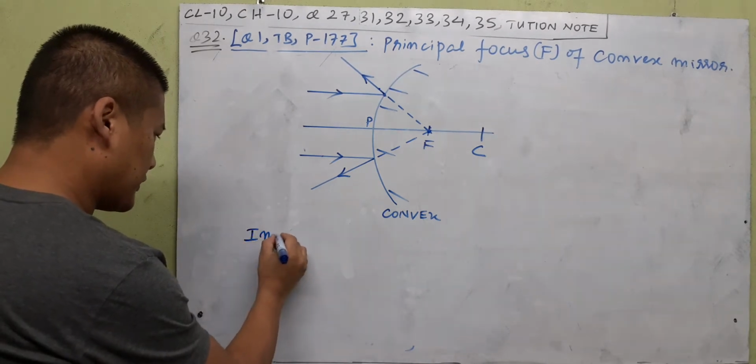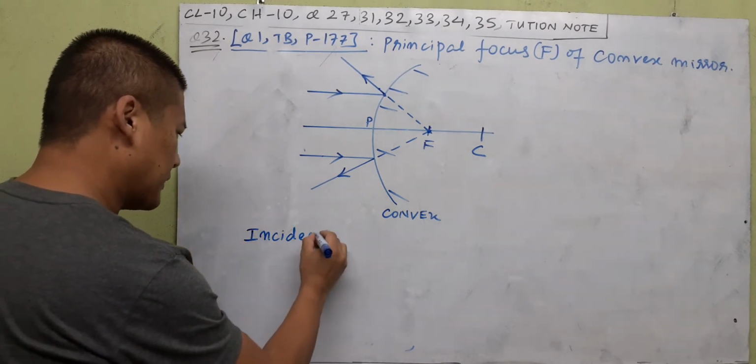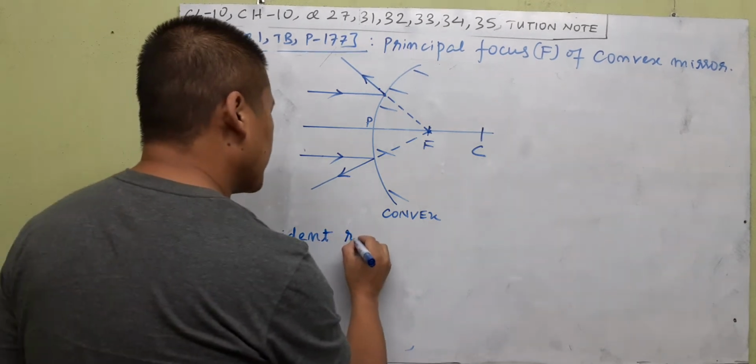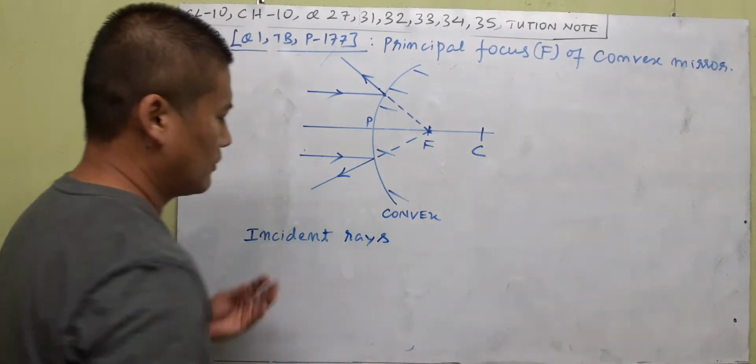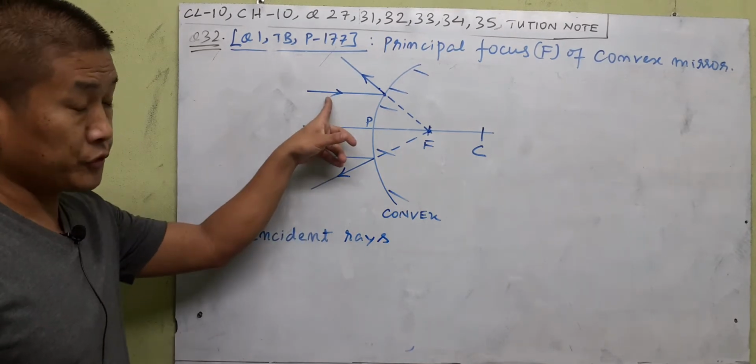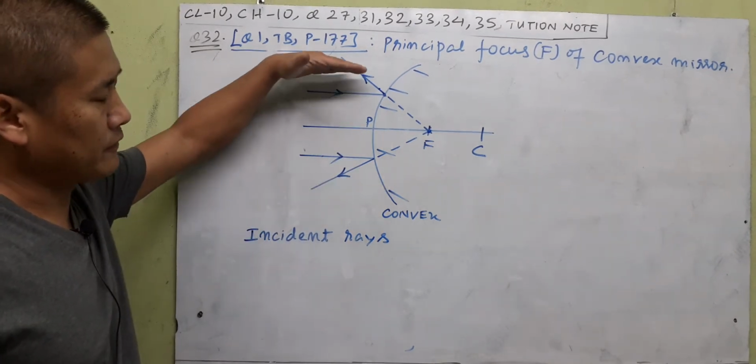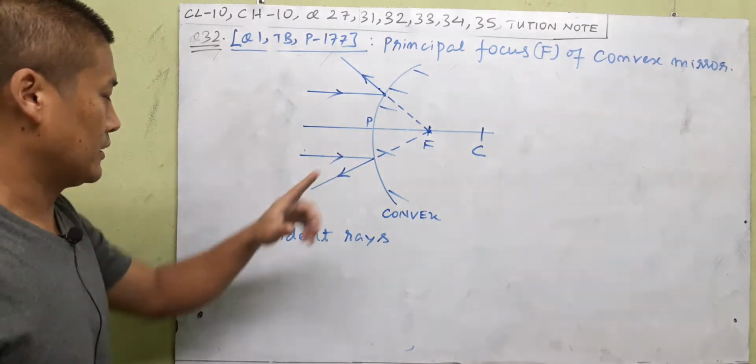Write together. Now you have understood, we can write it together and I think you'll understand yourself. Incident rays means at least 2 or more. Even here we have taken only 2. You can put another one, 3, 4, 5. All of them should be parallel to the principal axis.